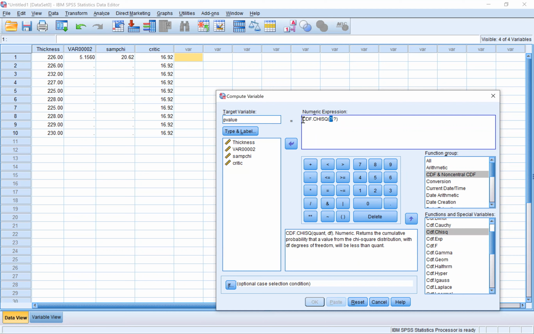Well, actually, since it will give me the cumulative distribution, I have to find it starting from the left tail up to this value of 20.62. But I need it starting from 20.62, going to the far end of the right tail. So I just do 1 minus.